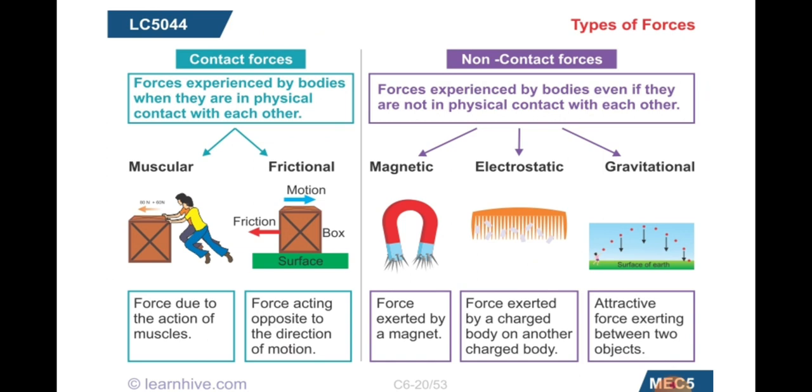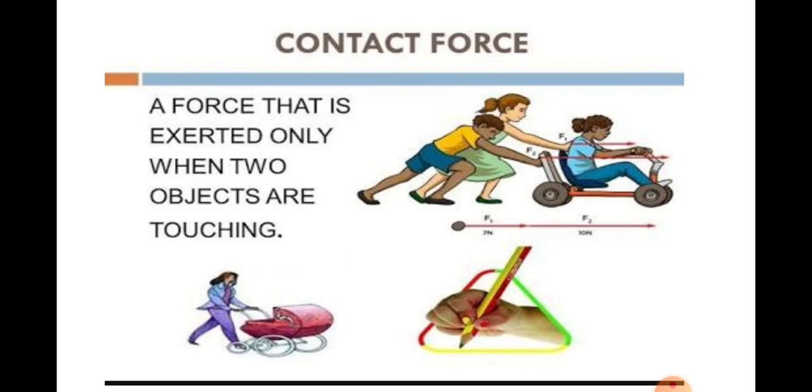The magnetic force is the force exerted by a magnet. The electrostatic force is the force exerted by a charged body on another charged body. Whereas the gravitational force is the attractive force exerted between two objects which have mass. So let us start with contact force.